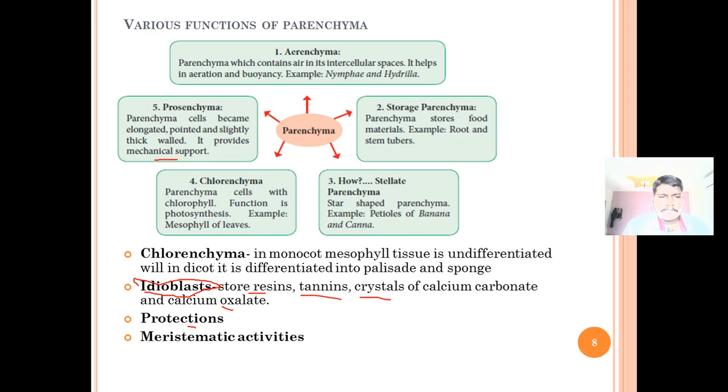The epidermis is parenchymatous in nature, and it gives protection to the entire plant system. And meristematic activity: even though it is permanent tissue, sometimes it can be de-differentiated and re-differentiated and act as meristematic tissue. It shows wound healing properties and has the regeneration property.